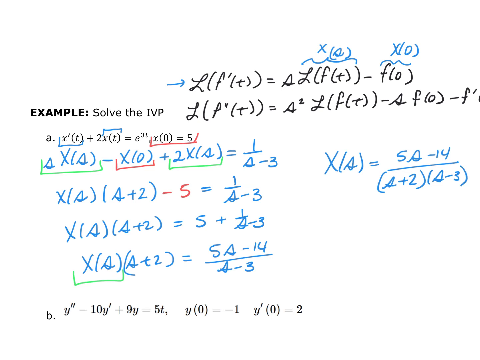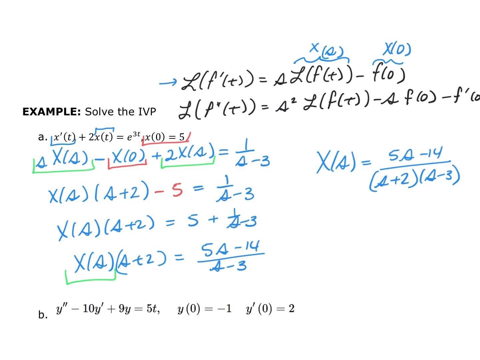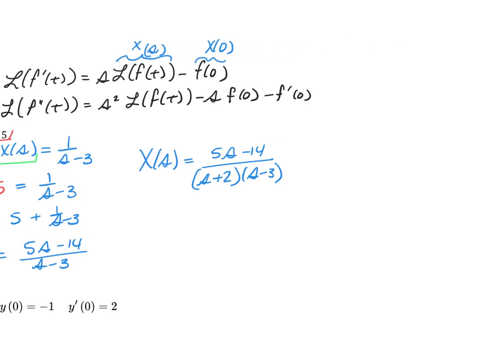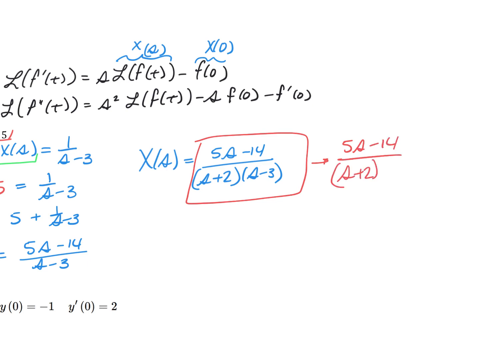Now you're like, how did we get to the answer from here? Because shouldn't my answer be a function of t? And the answer is yes. So now what I do is I take this and I do the partial fraction decomp. So I do 5s minus 14 over s plus 2, s minus 3.